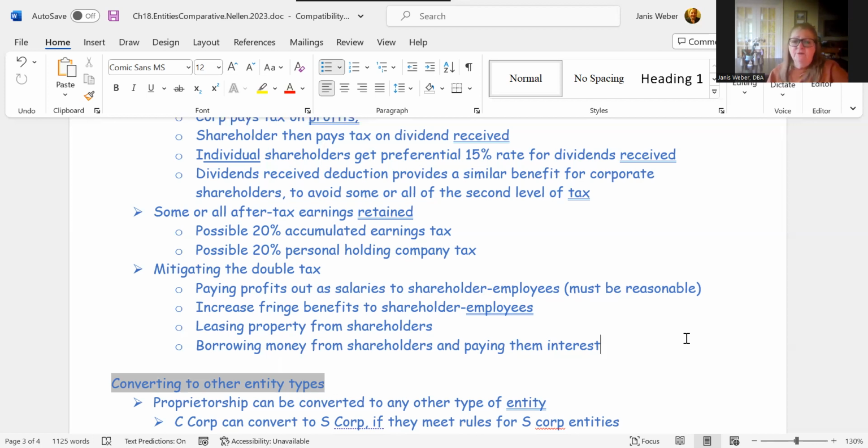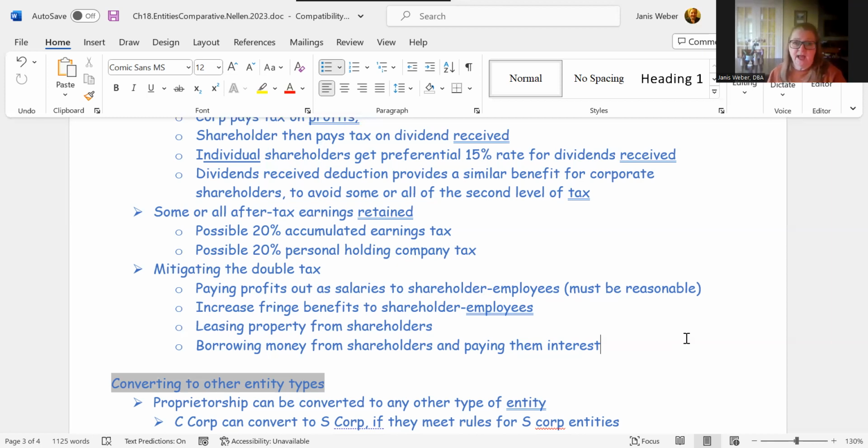And the last one, if you're borrowing money from shareholders, which oftentimes in small businesses, rather than going to the bank, the corporation would borrow money from its owner. And if that happens, you could add interest to it, and that interest would be deductible to the corporation many times if it's a legitimate business loan. And it would be reportable as income to the shareholder, but it wouldn't be a double taxation problem.